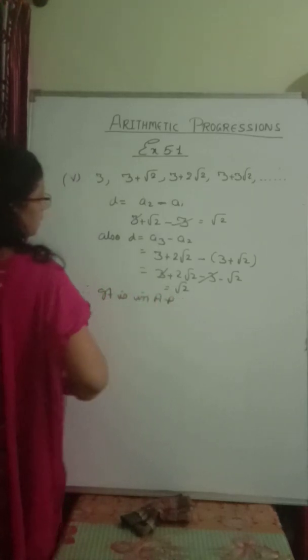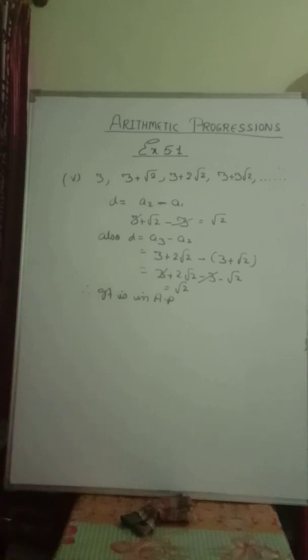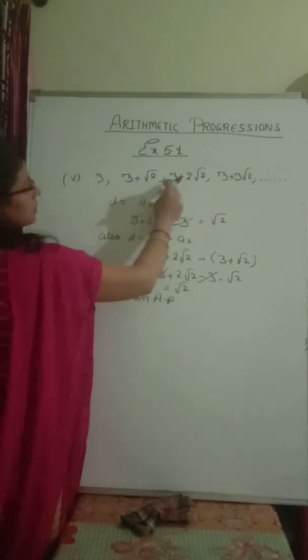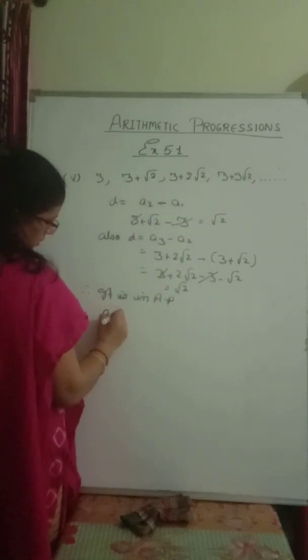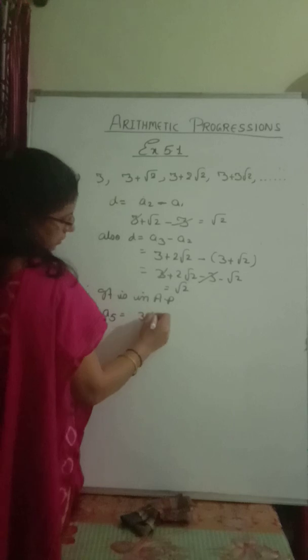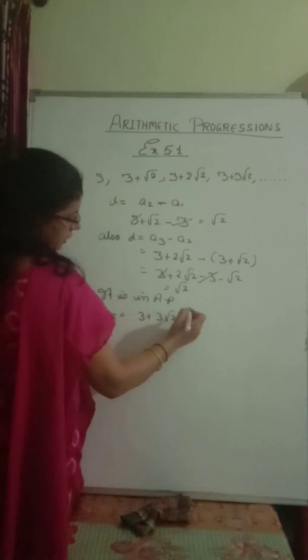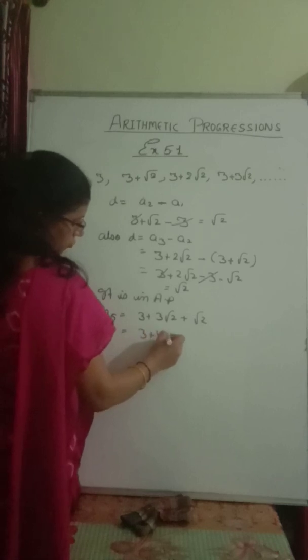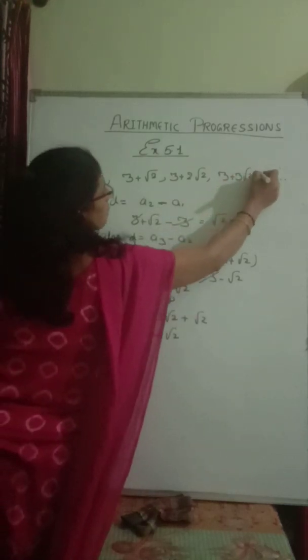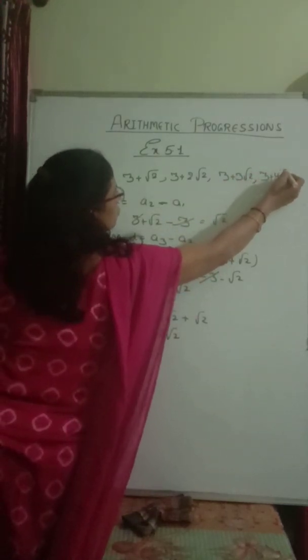It is in AP, so you have to write the next 3 terms. First add root 2 to this. The fourth term is 3 plus 3 root 2, add the common difference root 2 to it, so the fifth term is 3 plus 4 root 2.